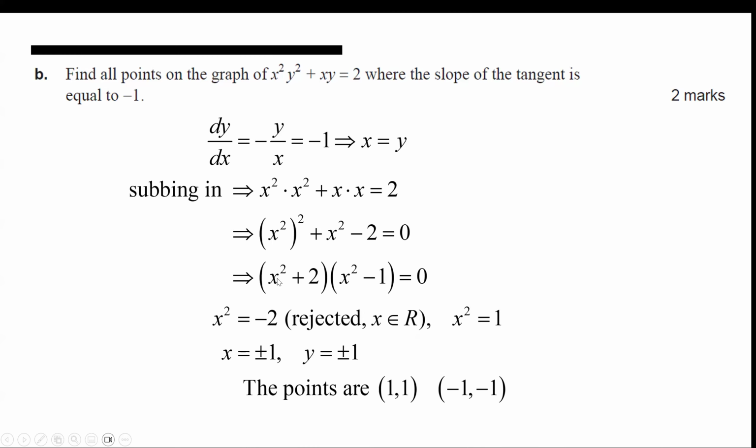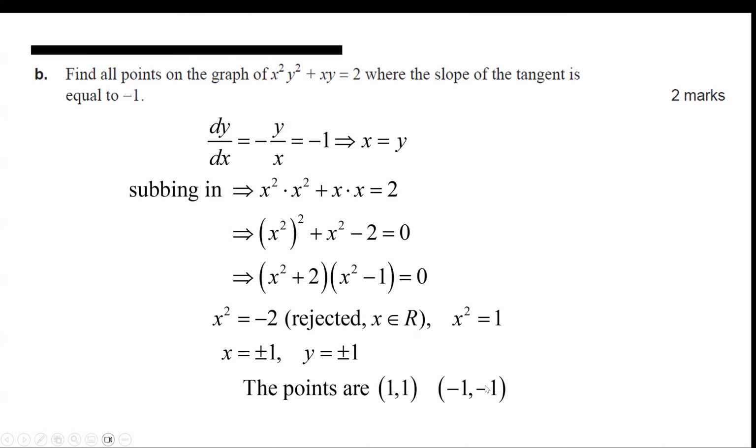That's why when you factorize out x squared plus 2, x squared minus 1, you need to reject x squared equals -2, as x must be real. The only possibility is x squared equals 1. So when x equals +1, y equals +1. When x equals -1, y equals -1. Only 2 points, okay? Therefore, the points are (1, 1) and (-1, -1).